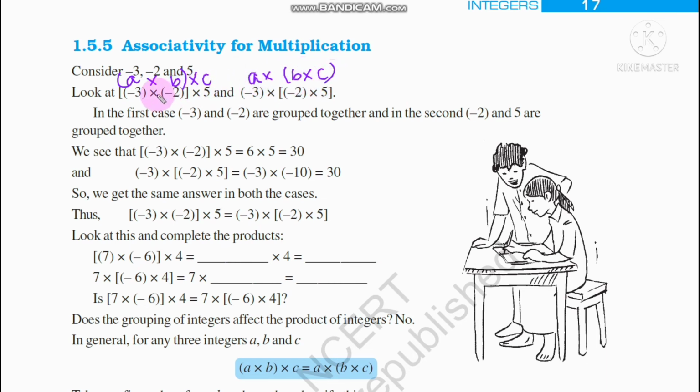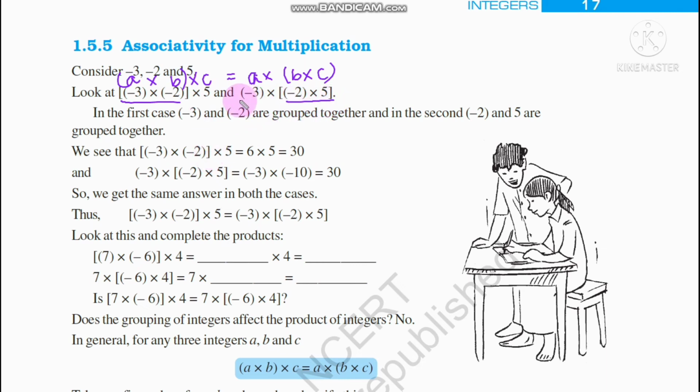See the first case. In the first case, minus 3 and minus 2 are grouped together, and in the second case, minus 2 and 5 are grouped together.